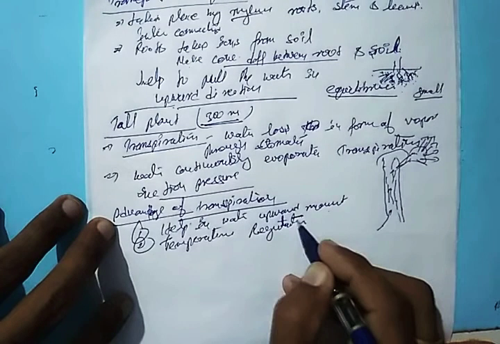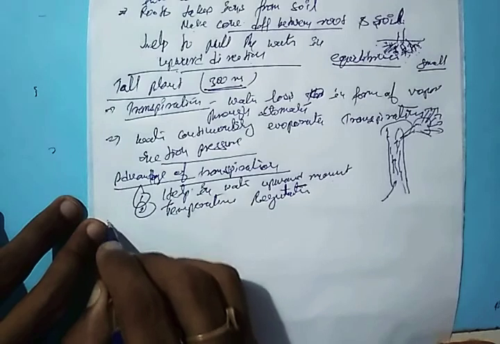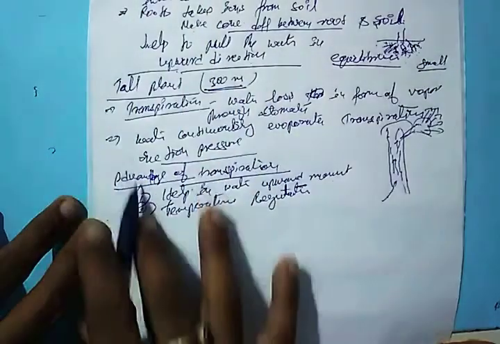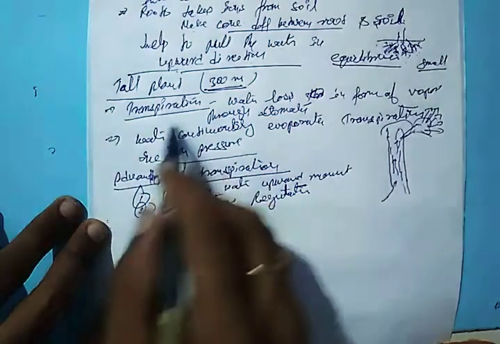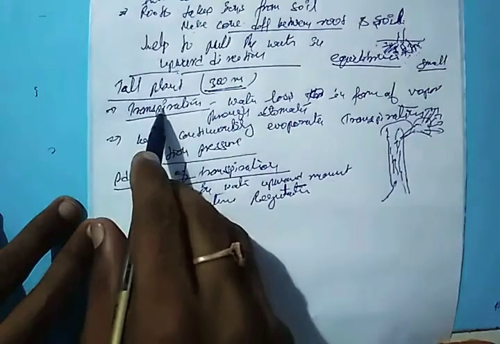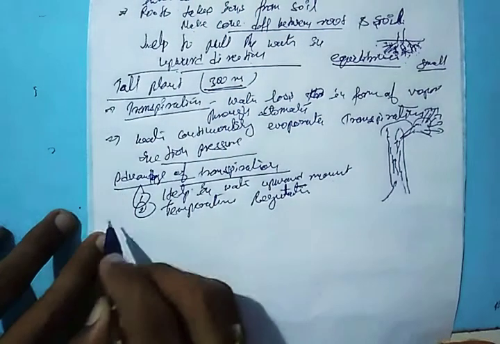It maintains the temperature of the plant. Then this is the process of transportation of water in small plants as well as in tall plants.